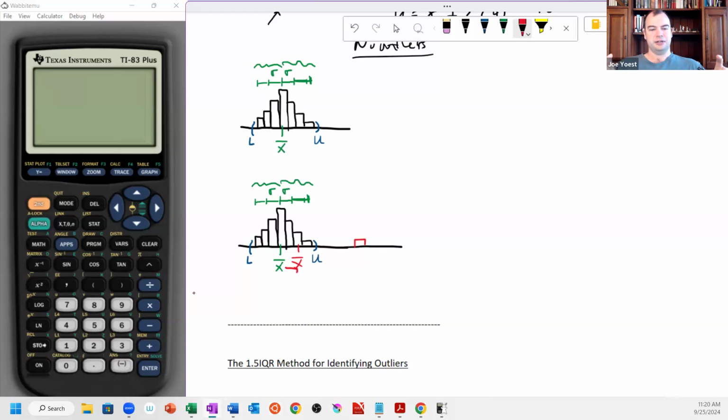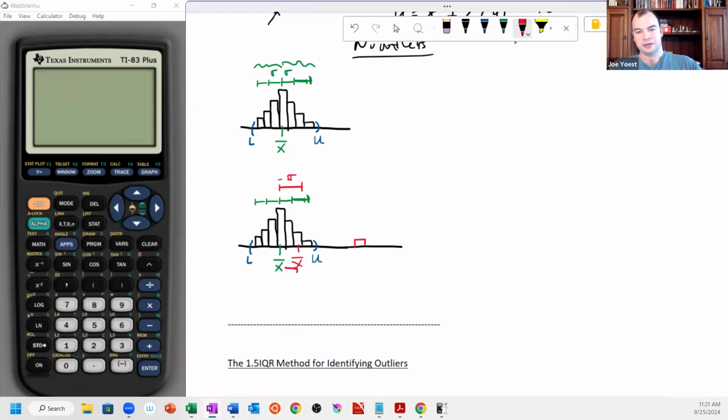That's going to have the effect of pulling my lower bound, but also importantly, my upper bound a little further to the right. But not just that. We know that outliers have an outsized effect on standard deviation. So in the presence of this outlier, my standard deviation now gets a lot bigger. It used to be this size here, now it's significantly bigger.